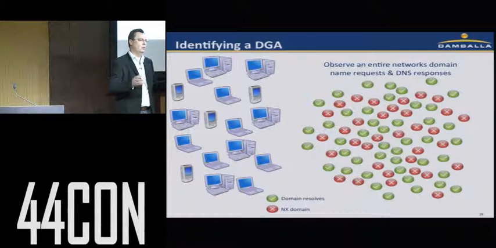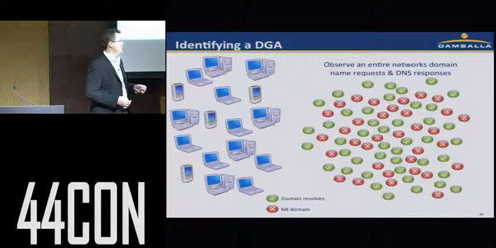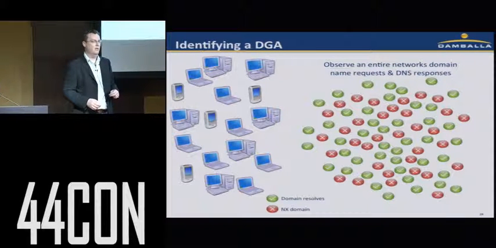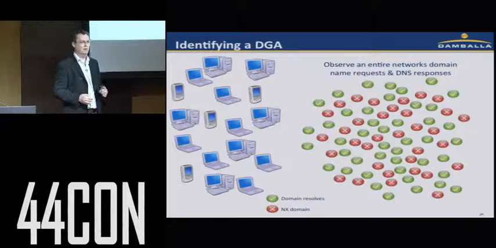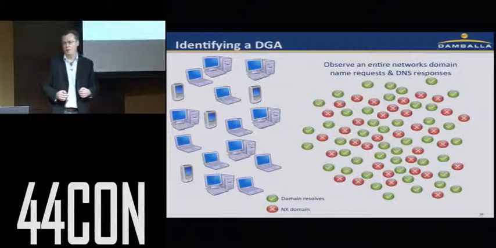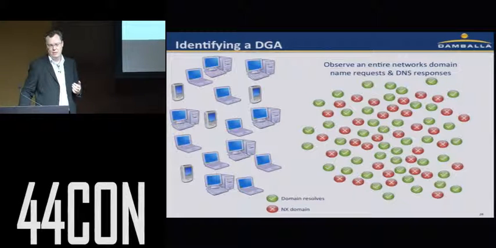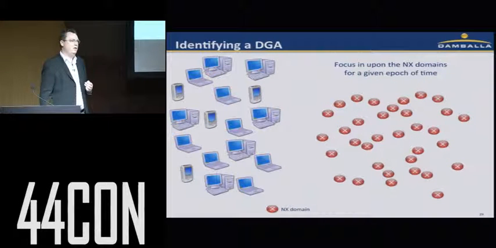Look up www.google.com and get an authoritative answer back with the IP address. Look up xyz.blah.com, it doesn't exist, and you get a response from the recursive DNS server saying no such domain. That's an NX response. So what I can do automatically is ignore all the successful ones.